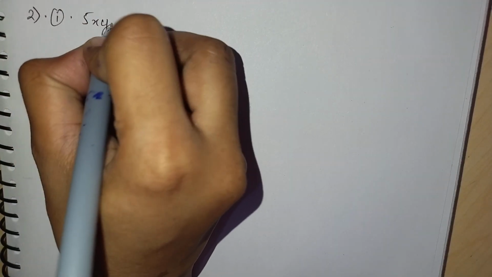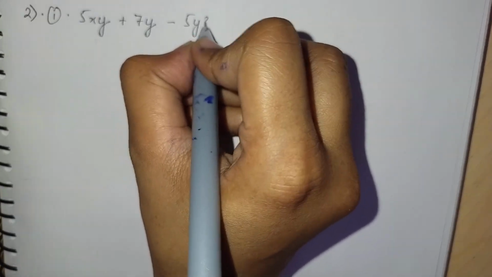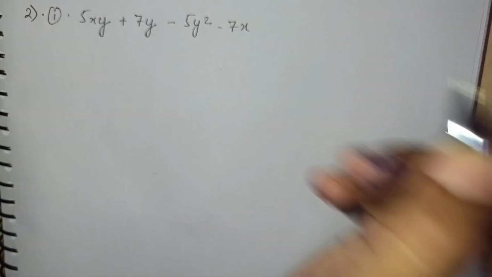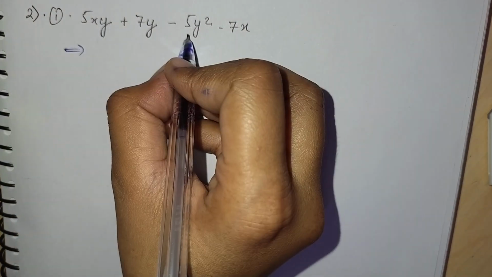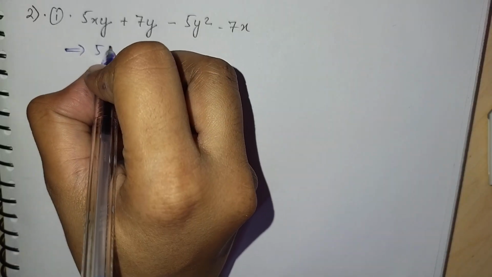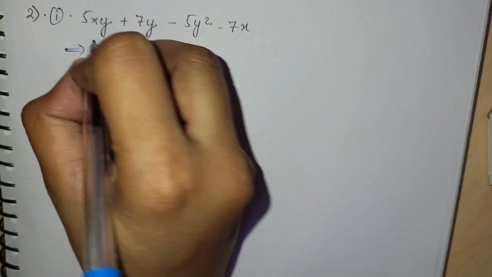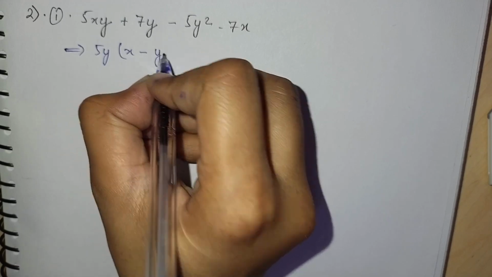Now let us solve question number 2 first part, which is 5xy plus 7y minus 5y square minus 7x. So on solving this, we will take common here. In this we can take 5y as common, so we can take x minus y.